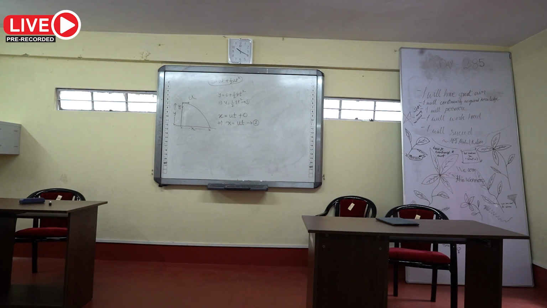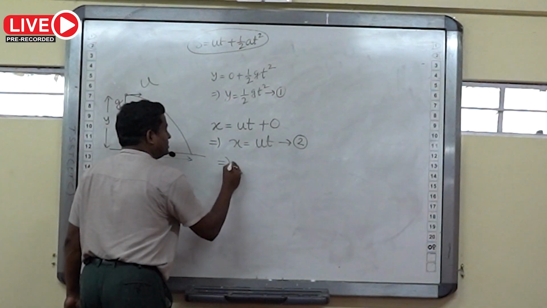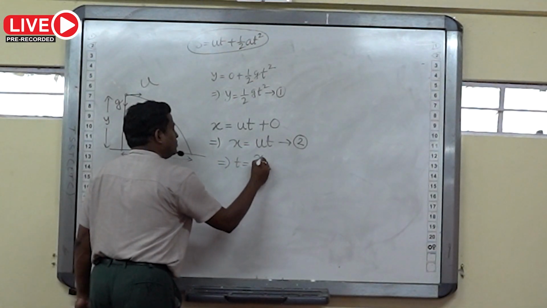Then I want to find a relation between y and x irrespective of time. How can we do it? See, from this equation 2, can I write t equal to x by u?